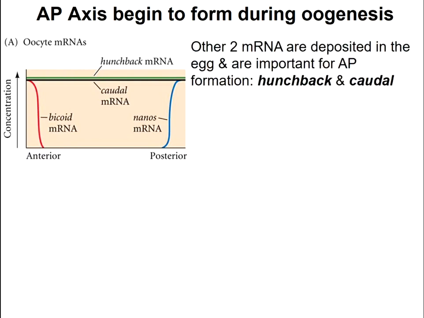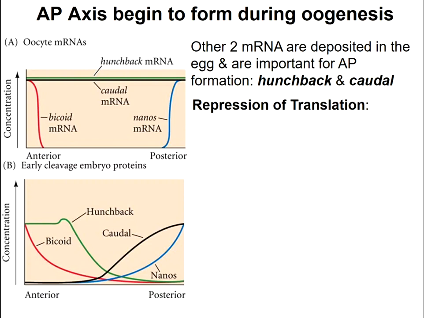However, contrary to nanos and bicoid, hunchback and caudal mRNA are found at the same concentration along the anterior-posterior axis of the developing egg. So how is it possible that mRNAs that are concentrated the same along the anterior-posterior axis are important for the establishment of an anterior-posterior axis in the embryo?